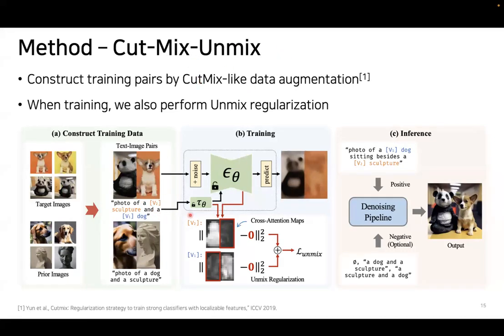Unmix is like this: when we have this input, the cross attention for the panda on the left side should be high, but the right side should be low or zero because it is not a panda. So with this cross attention map, our regularization term is to reduce the response on the wrong side of the cross attention map.